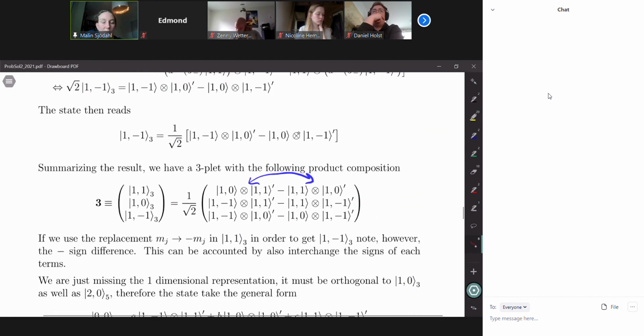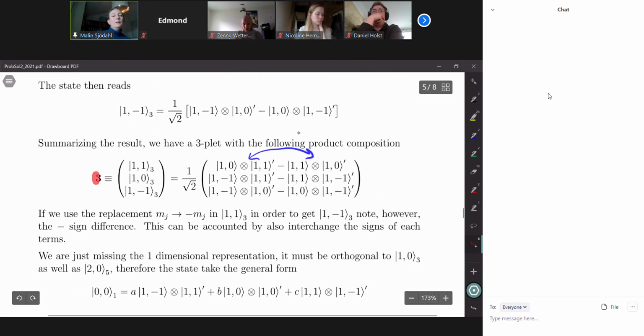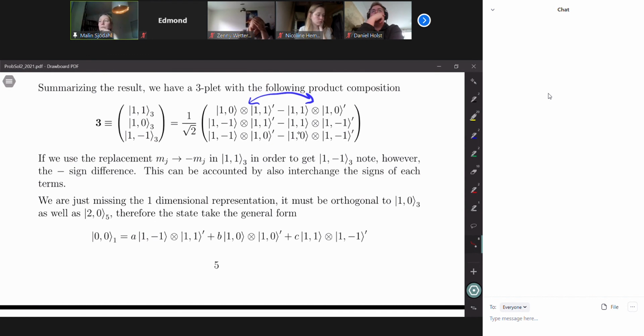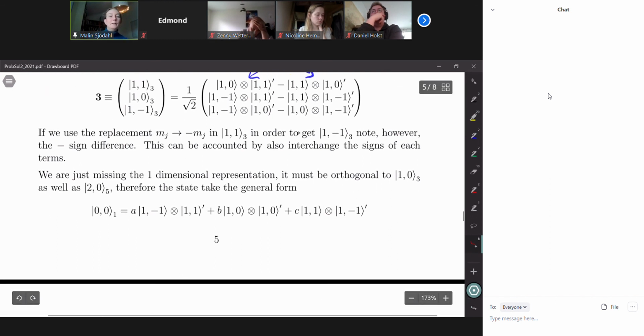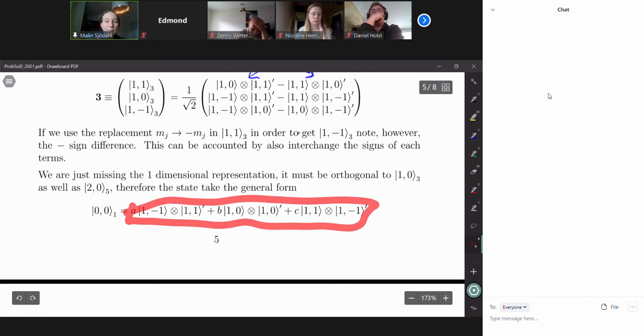Okay, so let's get back to topic. We have found the triplets. So now we have found the triplet representation. We have found the 5-plet, or spin 2, representation. So we have found 5 plus 3 equals 8 states, and we should only have 1 state remaining. So that is then the state in the spin 0 representation. And that state we can again obtain by taking a linear combination of states with spin adding up to 0.